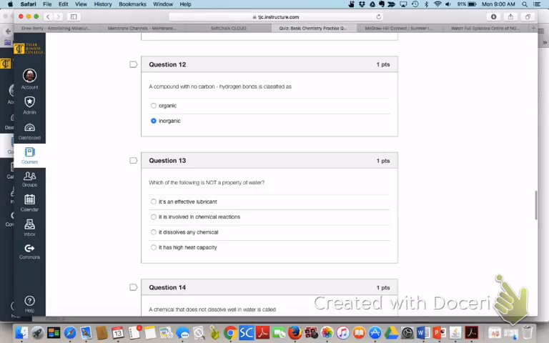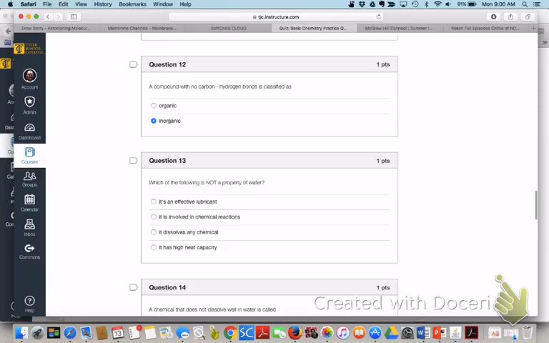You use it as a secretion in your joints and on your serous membranes to help reduce friction. Is it involved in chemical reactions? Absolutely. Most of the organic synthesis or decomposition involve either adding water or taking it out. Does it have a high heat capacity? Yeah, you use it in sweat because it takes a lot of heat off your body when it evaporates off.